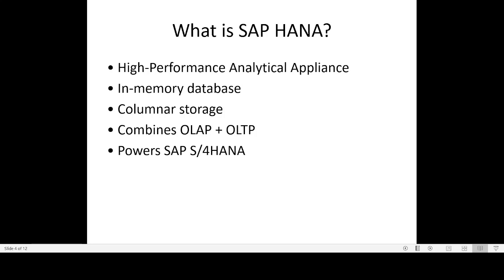So finally, HANA is the powerhouse behind SAP S/4HANA. It's the foundation that makes real-time ERP possible, giving companies a single source of truth, faster decision making, and simplified processes. What is the single source of truth is what we have just seen: SAP works on column-based data.